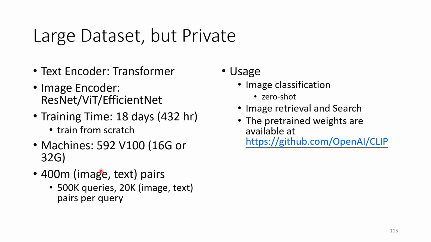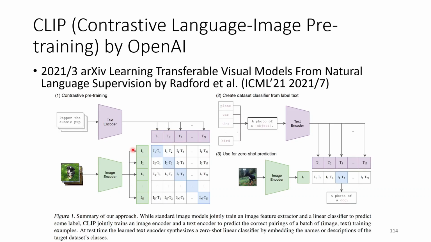And they trained for 18 days, and they used 592 V100, the Tesla V100 GPUs, to train on the paired text and image dataset. So when they train it, given any text, they can know what image it should be.